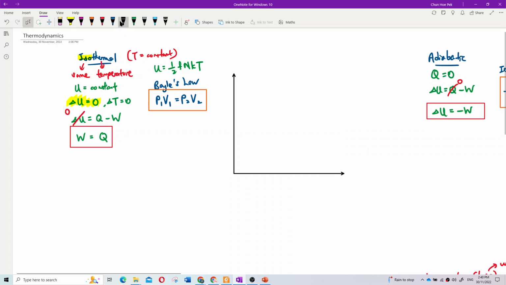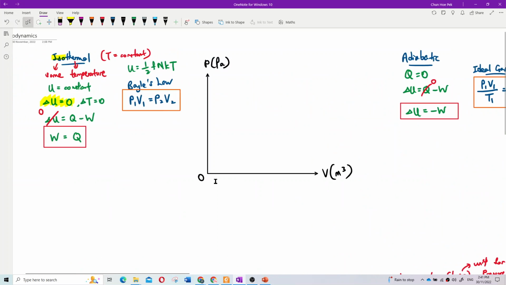Now I want to draw the isothermal process. Pressure in Pascal, volume in meter cube, origin 0. Isothermal process means it must have the same temperature, so I need to draw the isotherm lines.